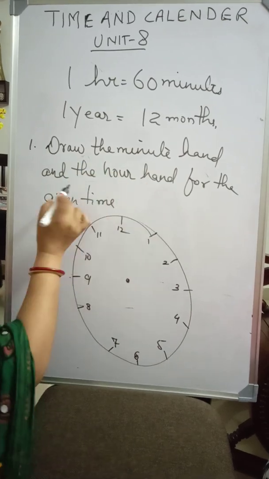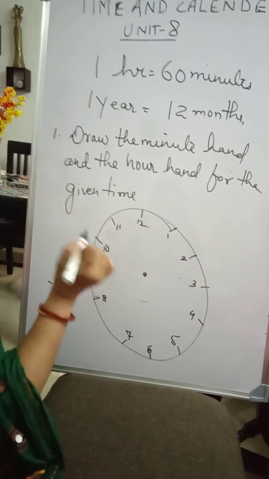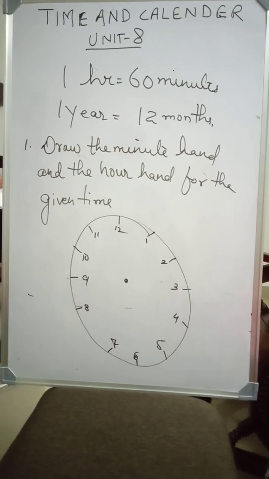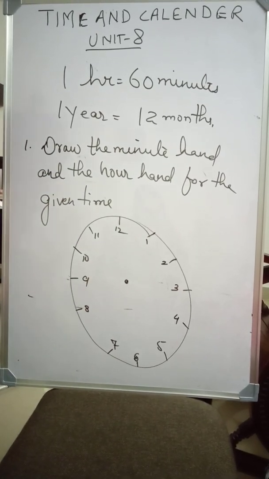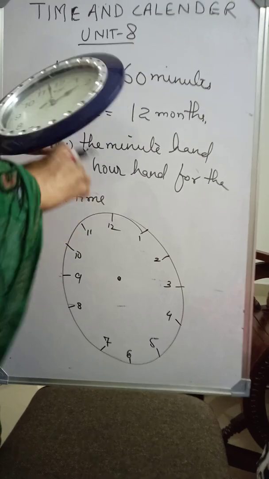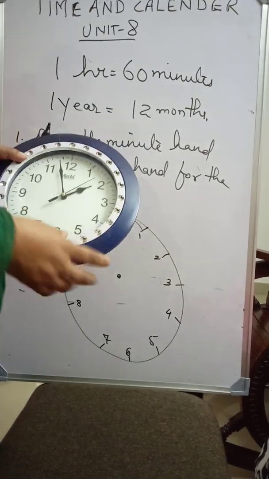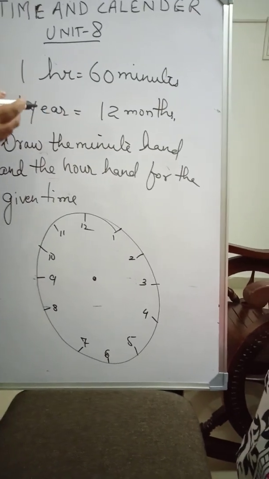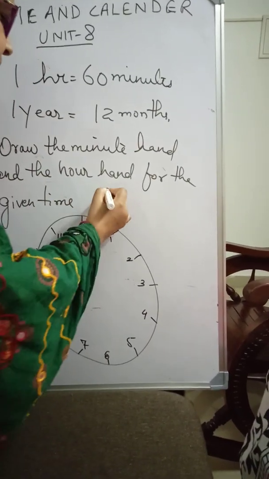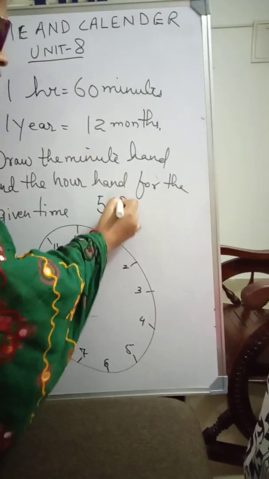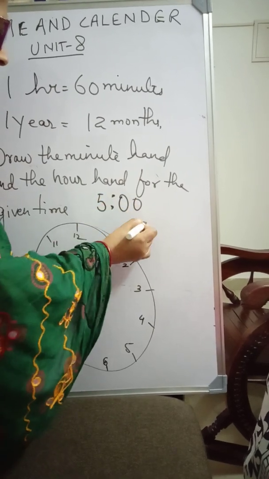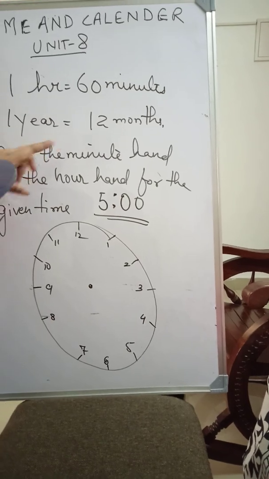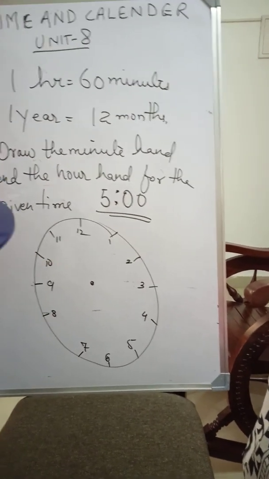Firstly, I am going to explain it with the help of this clock. The time that you have to show is 5 o'clock.